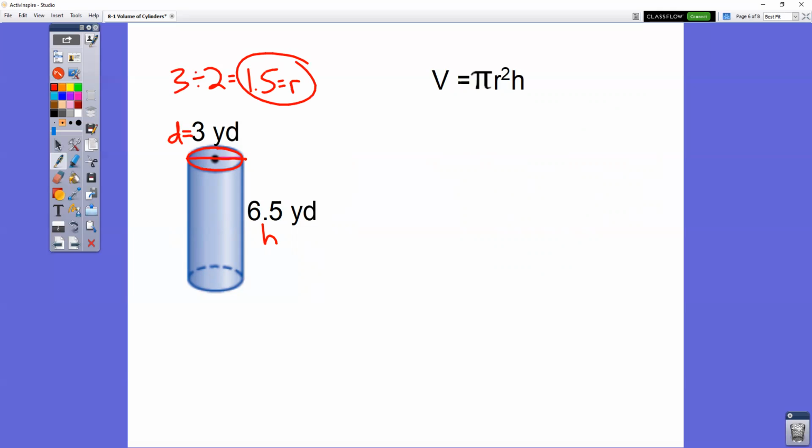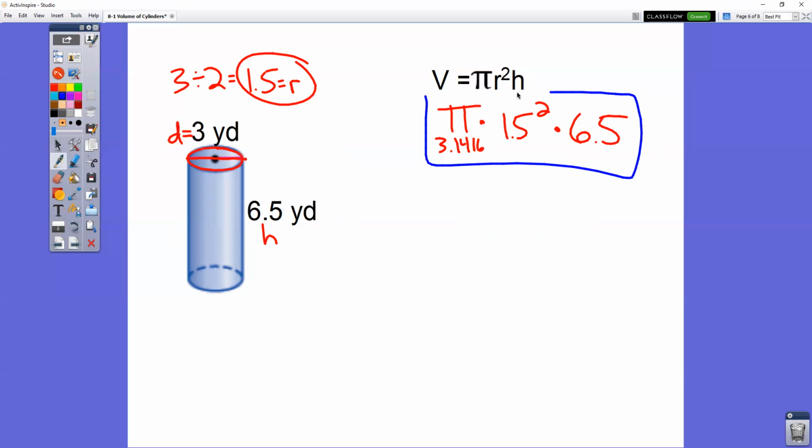6.5 is our height. So we're going to sub in our numbers. Pi, or 3.1416, times your radius squared, which is 1.5 squared, times your height of 6.5. So you're going to take that and type it exactly how it is into the calculator.